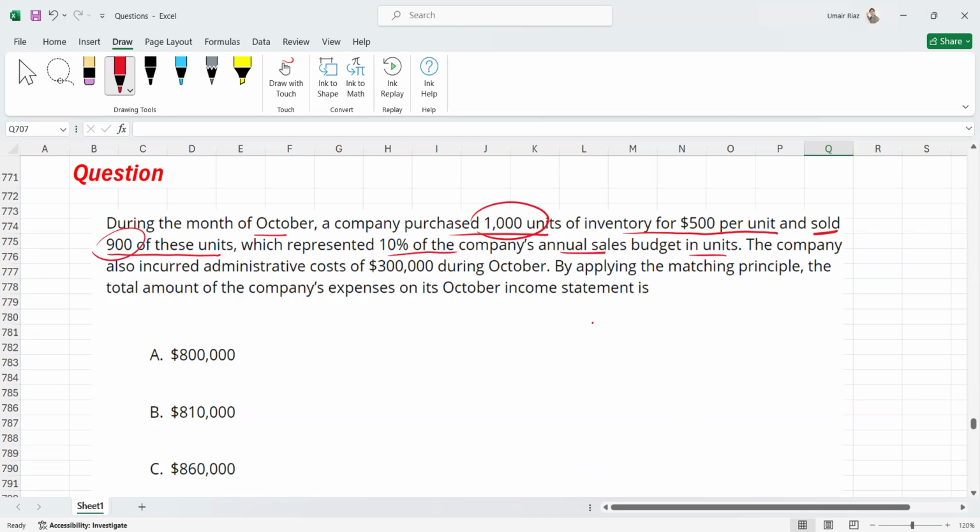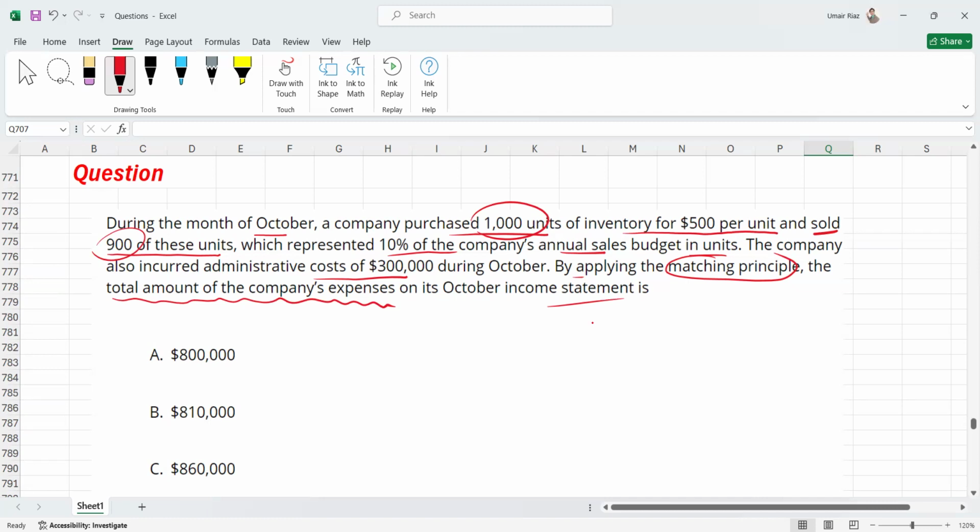The company also incurred administration costs of 300,000 during October. By applying the matching principle, what is the total amount of the company's expenses on its October income statement? So you have to tell the amount of expense by applying the matching principle. Please remember, guys, what is the matching principle?